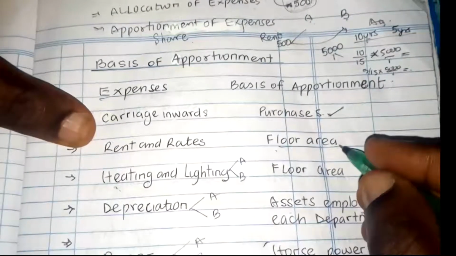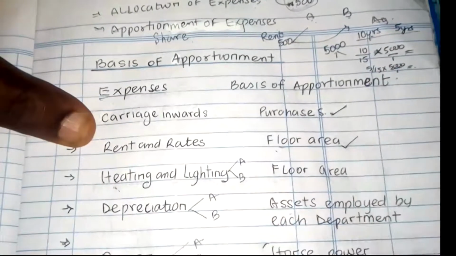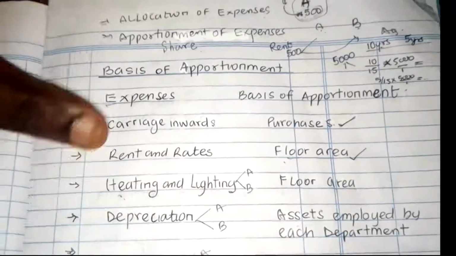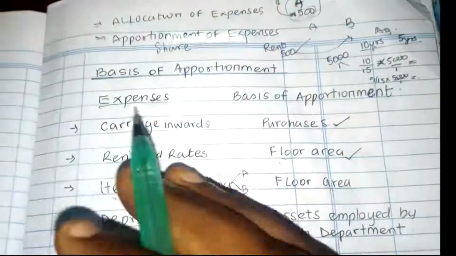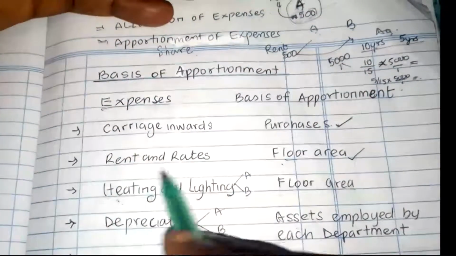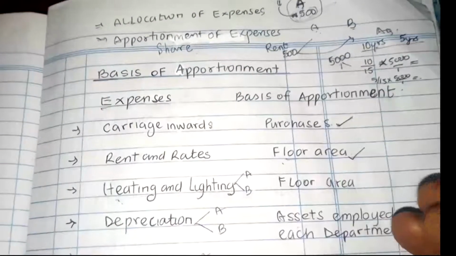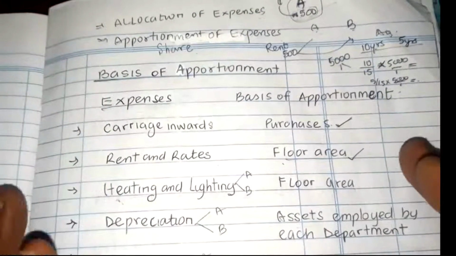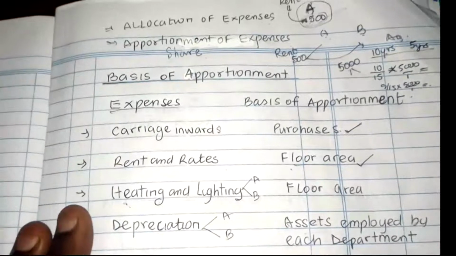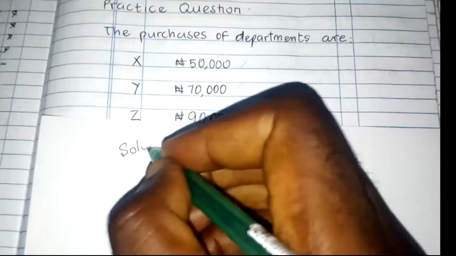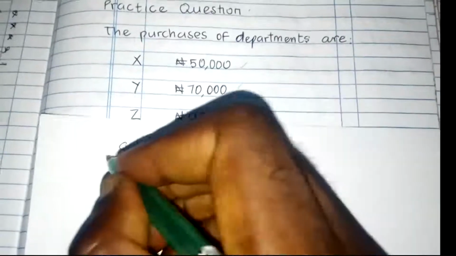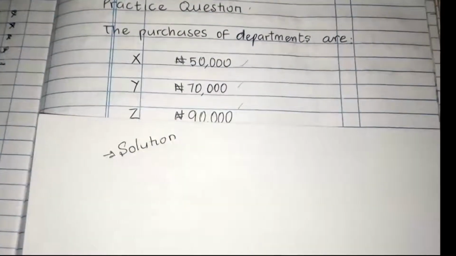Now, to do that, between X and Y, we want to apportion the carriage inward. For the carriage inward, we are using the purchases, so you write the purchases basis.